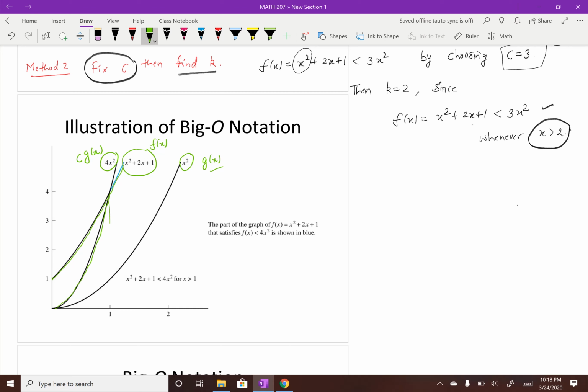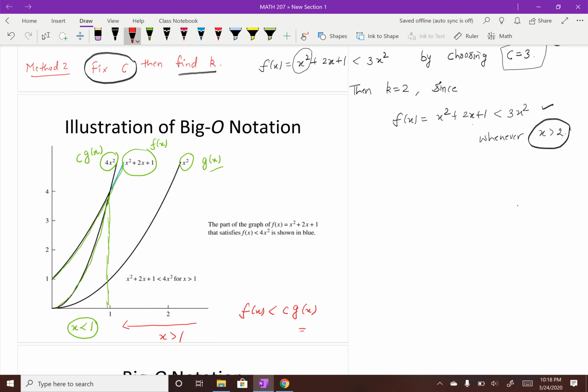Okay, up to this region of, let's suppose, x less than 1. So in the region of x less than 1, it was bounding this function f of x from below. But once you go in this region of x greater than 1, that's going to bound this function f of x from above. So you have f of x less than c times g of x.